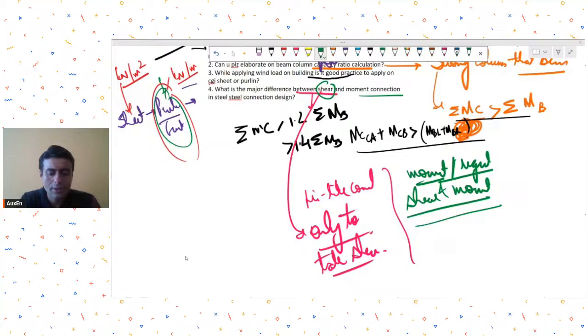Let me just try to search that image. Just give me a minute. I am searching for that image that he had put in the WhatsApp chat.